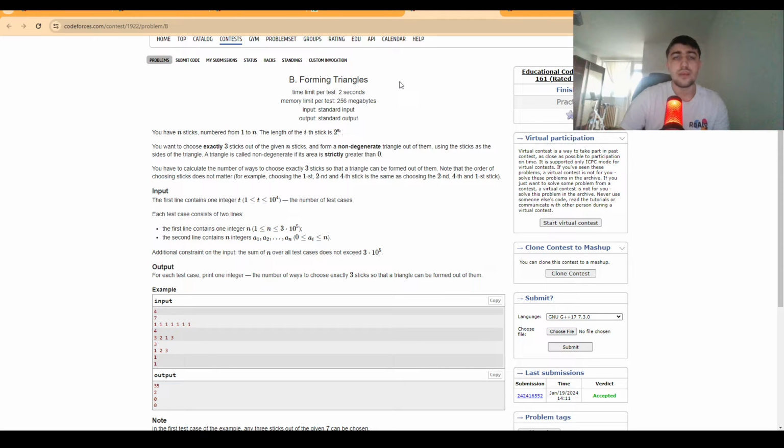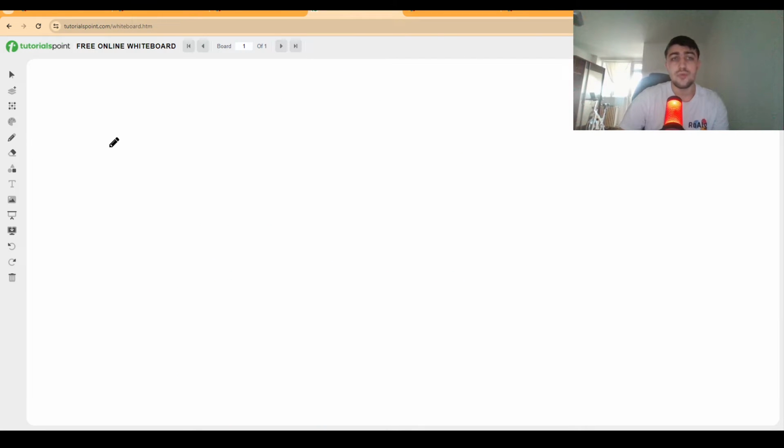So we basically want to find 3 values such that we can form a triangle. So as you know, for every way to write these 3 values, we must make sure that A plus B is greater than C, A plus C is greater than B, and also B plus C is greater than A. Now let's take some cases.